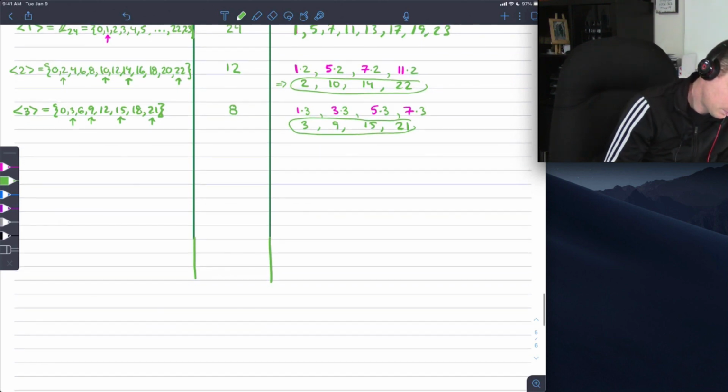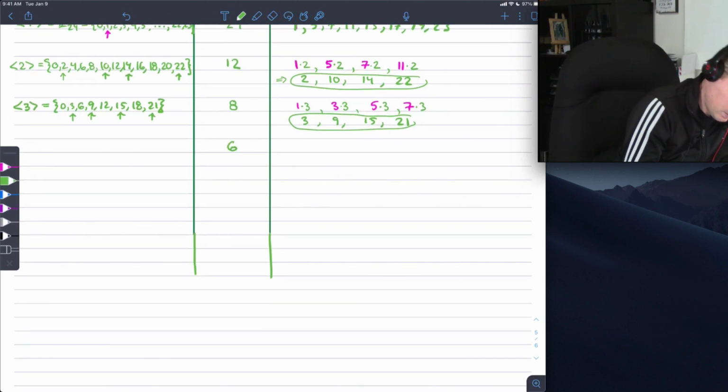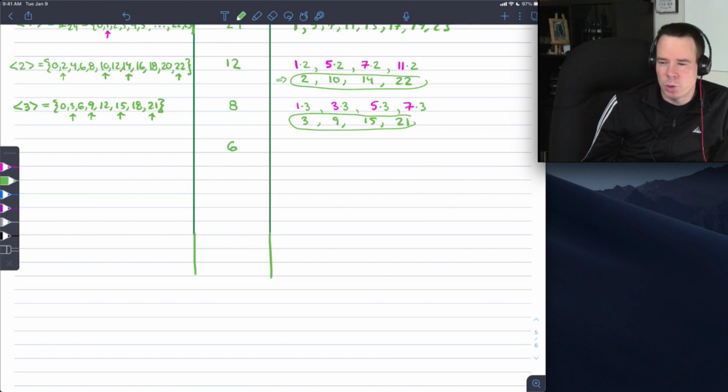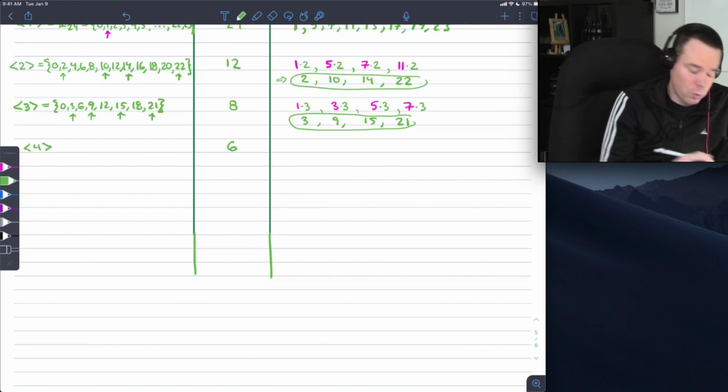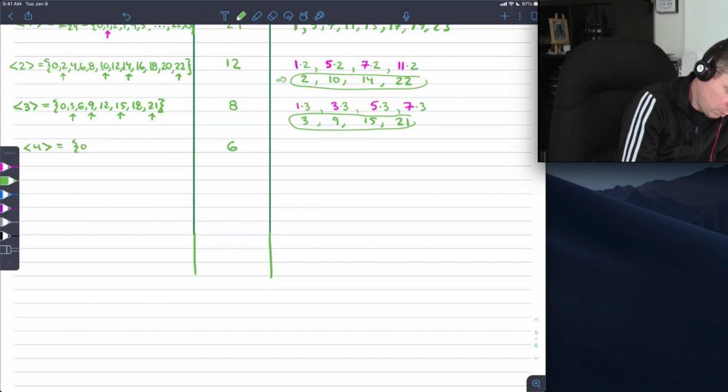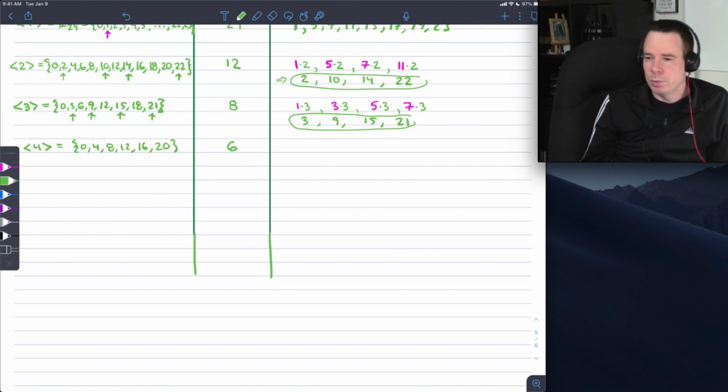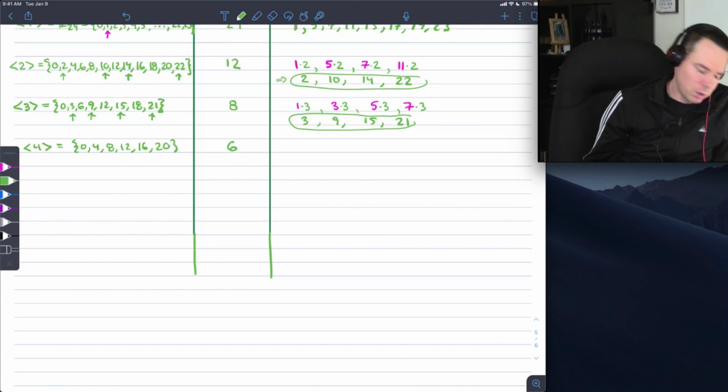The next highest or the next largest subgroup would be 6, because that's the next highest divisor of 24. How can we generate a group of size 6? We could use 4 to do that, and that would be 0, 4, 8, 12, 16, 20. There's our subgroup of size 6. Which ones are also generators?